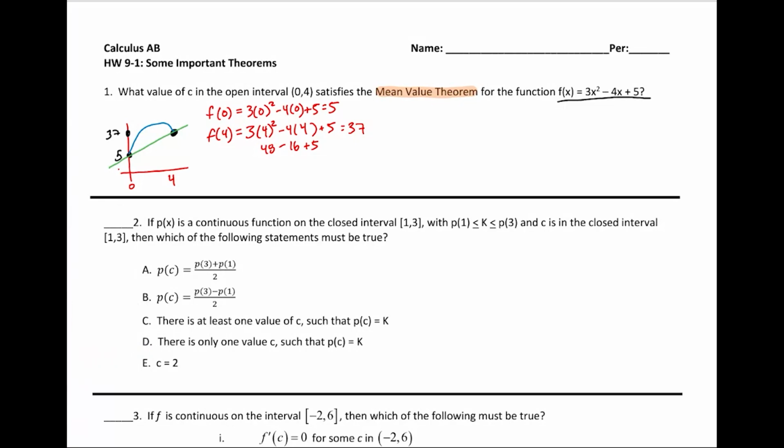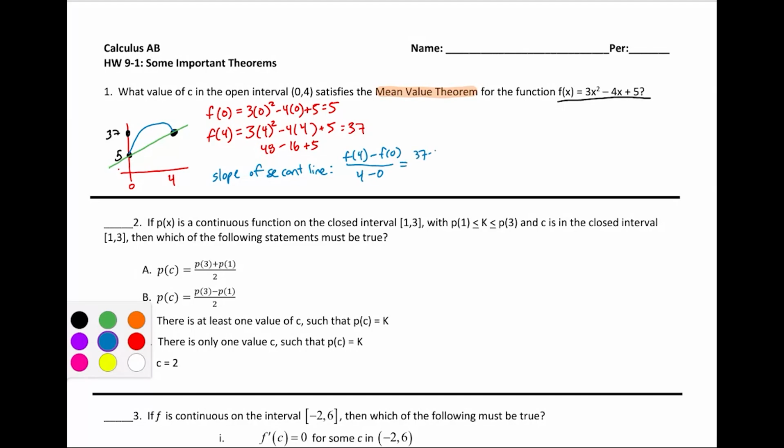So let's find the average rate of change between 0 and 4, and we can just use the slope formula, our classic y2 minus y1 over x2 minus x1 to find that. So the slope of the secant line is going to be f of 4 minus f of 0 over 4 minus 0.